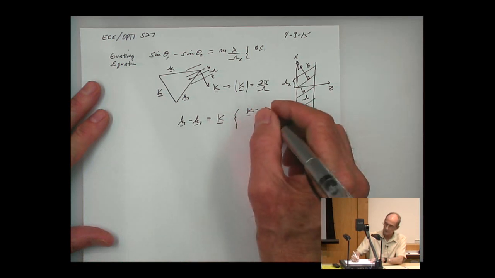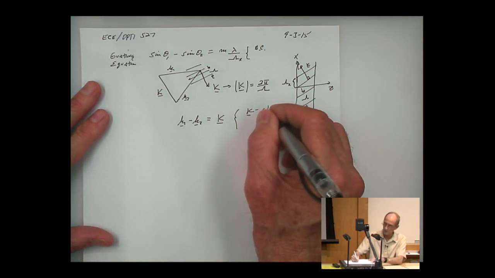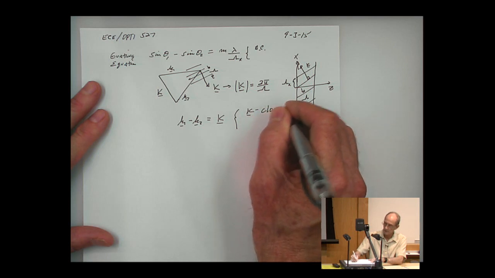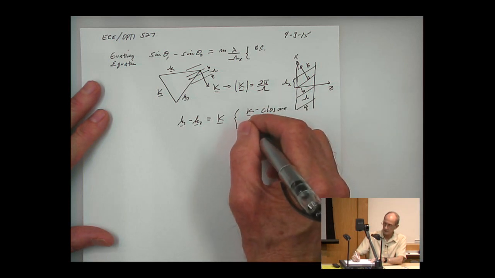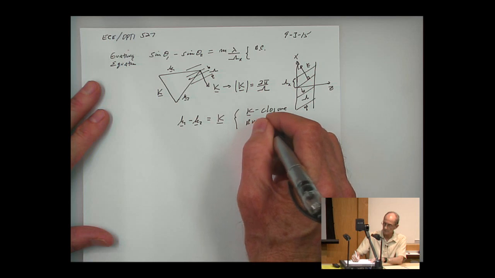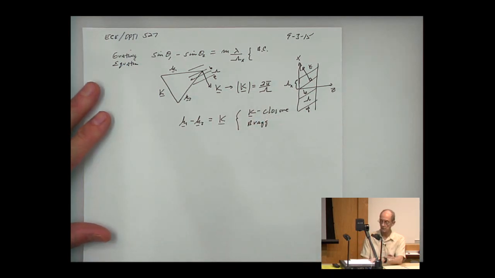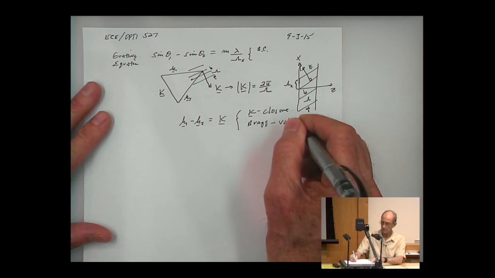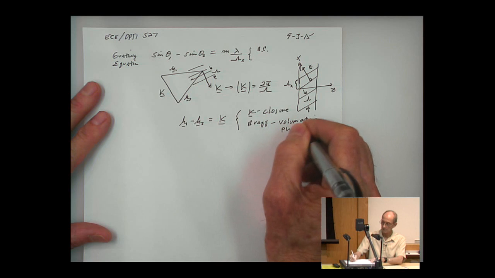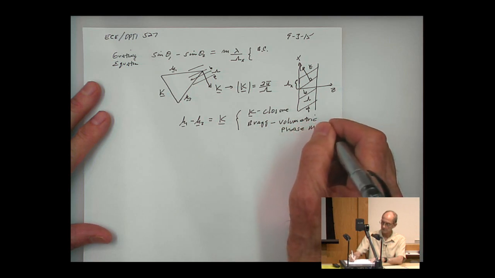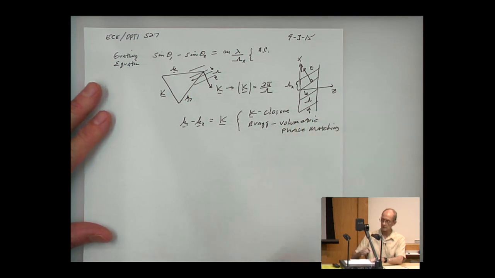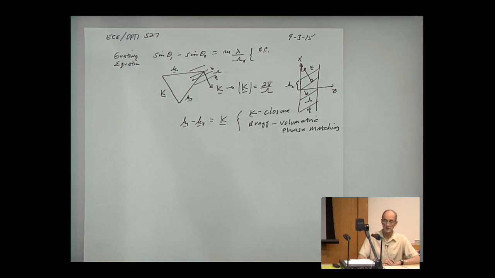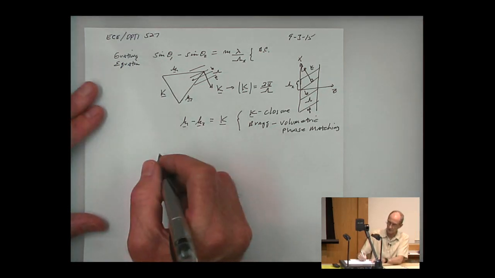We can call this several different things: K vector closure, or it also represents satisfying the Bragg condition, which you might think of as a volumetric phase matching condition, which, as we'll see, is going to give us very high diffraction efficiency.